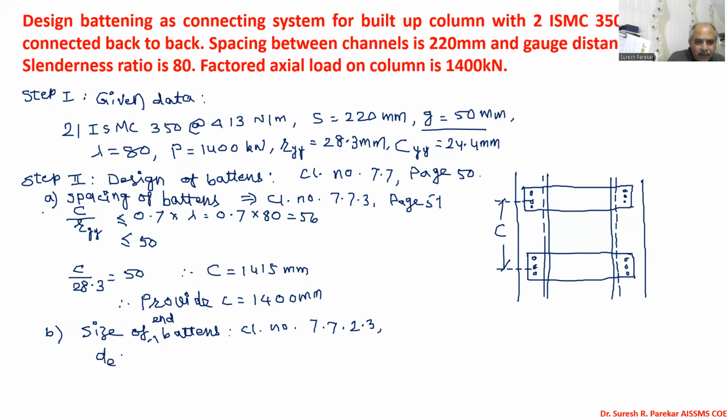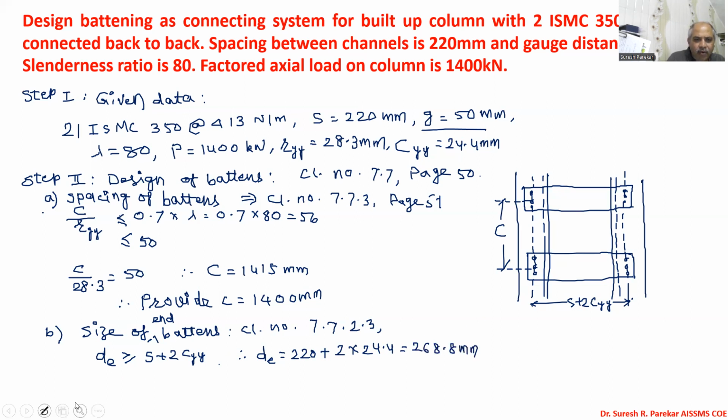Depth of end batten should be greater than or equal to S plus 2 CYY. That is, it should be greater than the distance of centroid. So we have this distance, which is S plus 2 CYY. Therefore, DE equals S, given as 220, plus 2 into 24.4, and it comes to 268.8 millimeters.